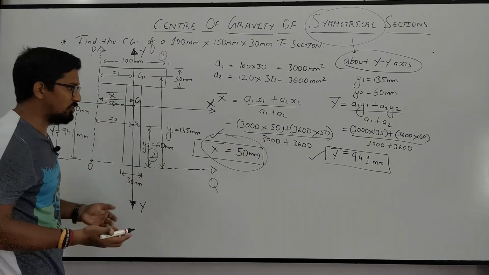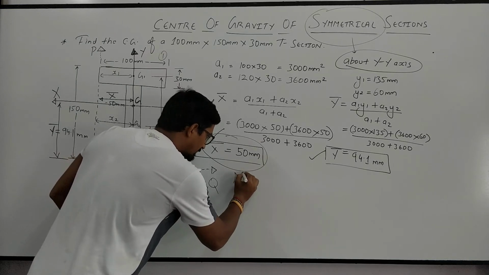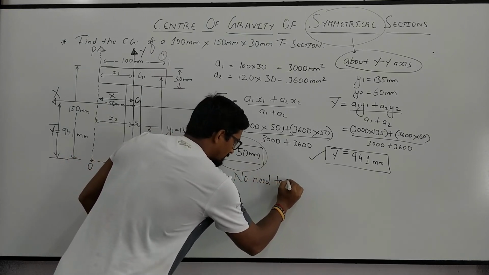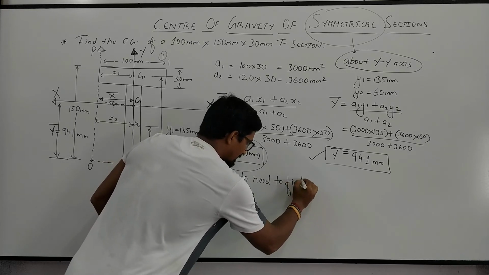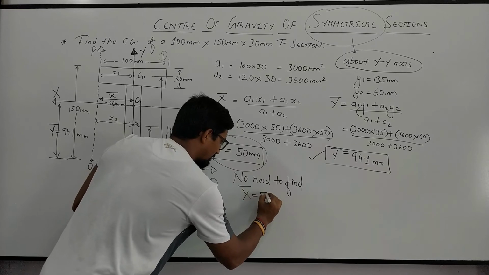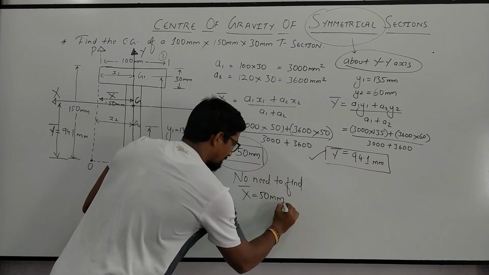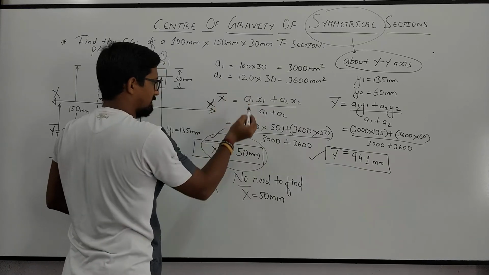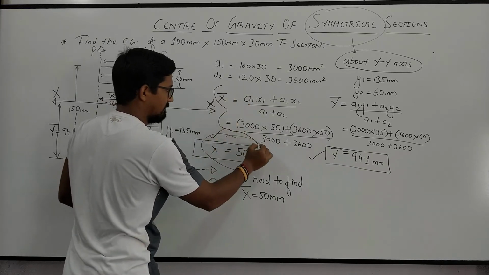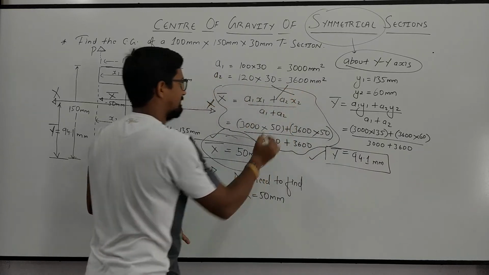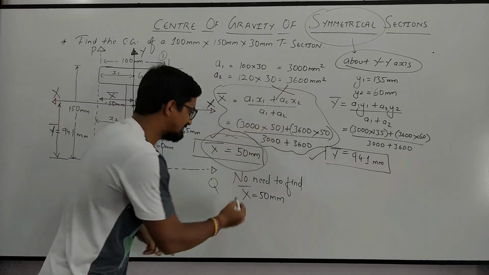So when you solve the numerical, there is no need to find x bar, which is equal to 50 mm. All these steps which you have done here, you can skip.